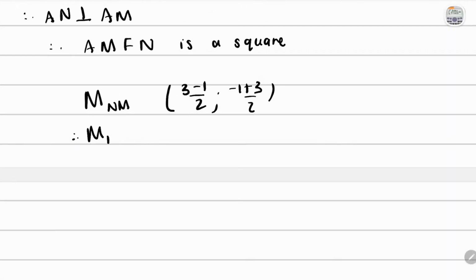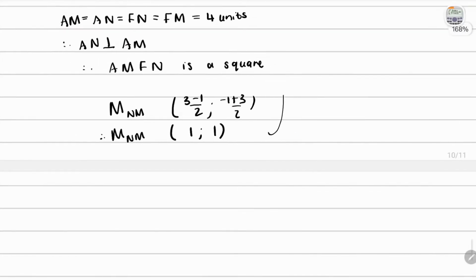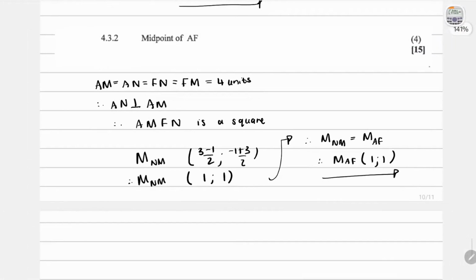So the midpoint of NM is simply going to be 2 divided by 2 is 1, and 3 minus 1 is 2 divided by 2 is 1. It's 1 and 1. And we'll also just tell them that the midpoint of NM is exactly the same as the midpoint of AF. So therefore, the midpoint of AF is 1 and 1. And that is our answer.